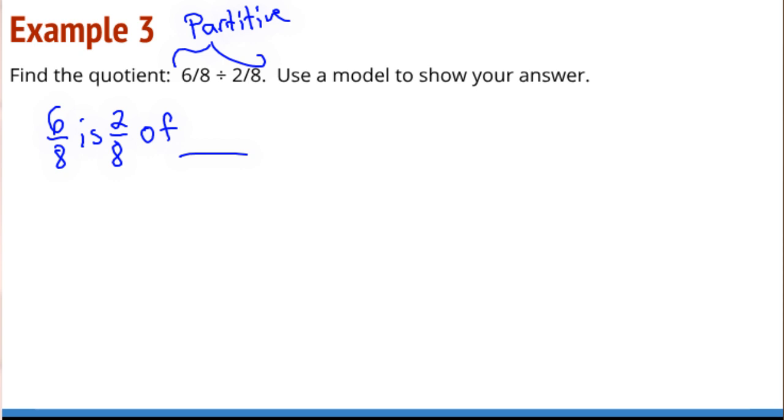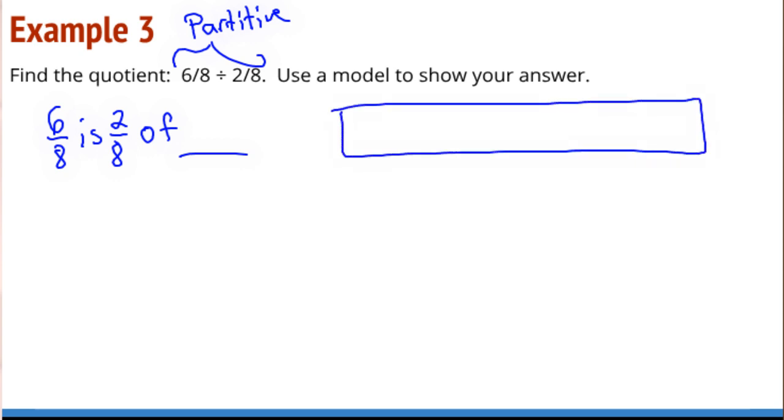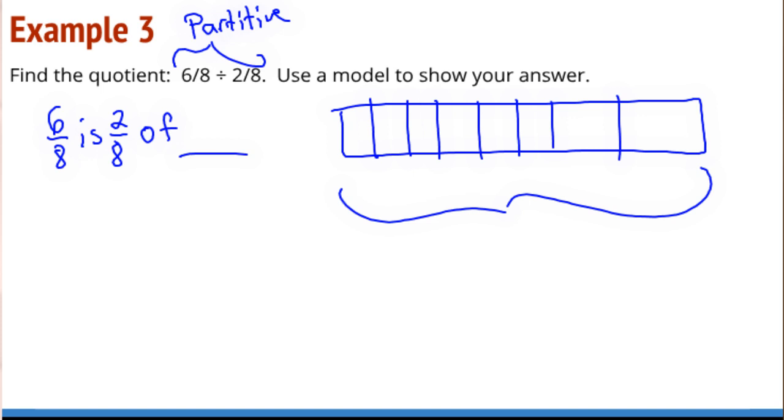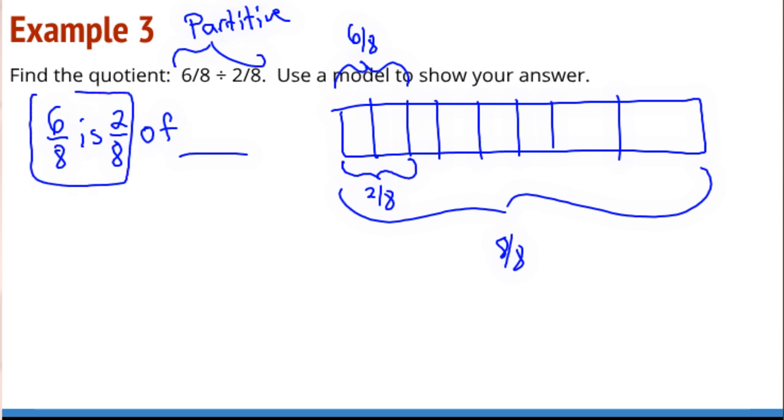Now, we were really comfortable doing this with models. So I know that 6/8 is 2/8, so I'm going to need a whole here, and I'm going to need some 8s. 1, 2, 3, 4, 5, 6, 7. I've got some 8s, and this is my 8/8, and I know that 6/8 is equal to 2/8. So here's the 2/8, and that is equal to the 6/8. Because it says right here 6/8 is 2/8. They're equal to each other.